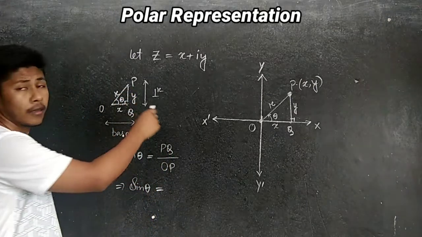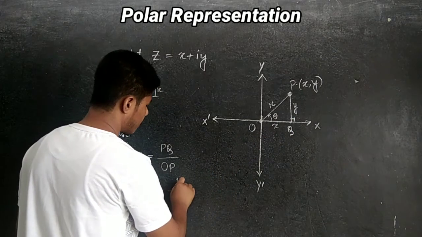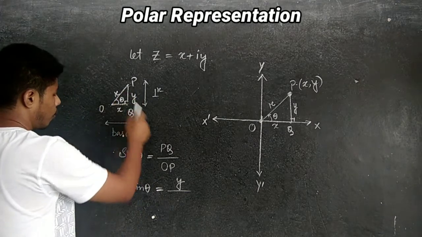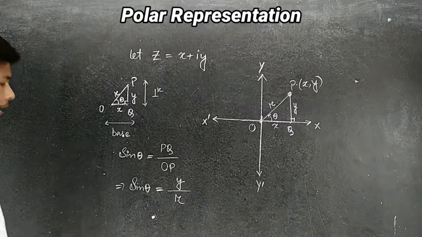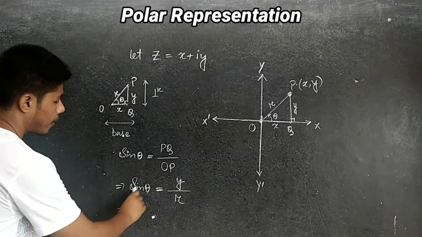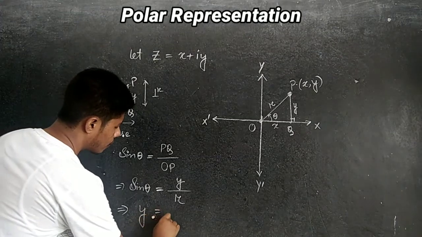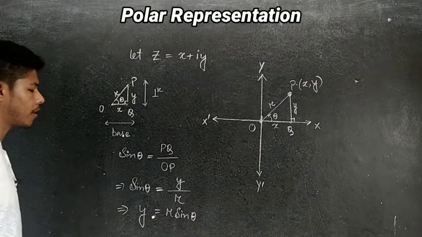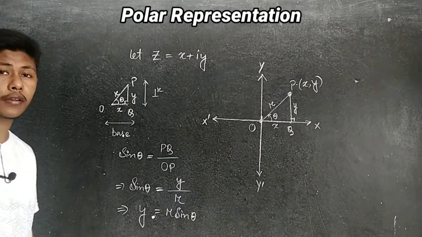PQ means y, and OP means we consider R. From here we can easily identify the value of y. Y equals R sin theta. Is it clear? Y equals R sin theta we get here.